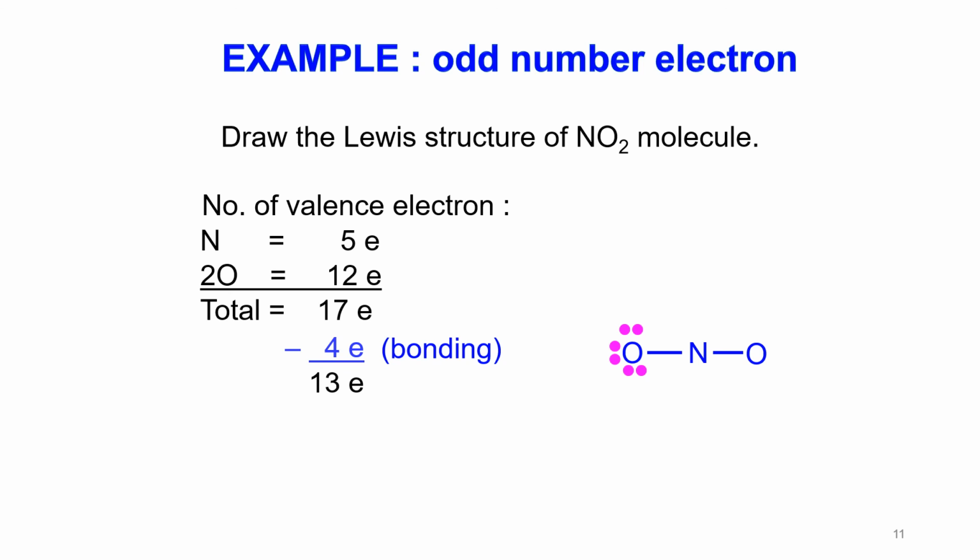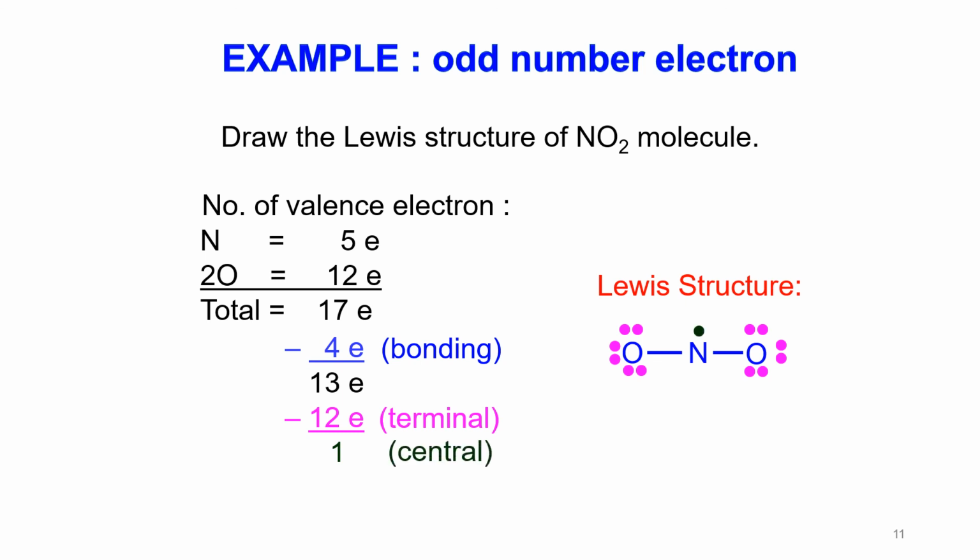Then put another 6 electrons at each oxygen to make oxygen octet. So now the balance is 1 electron. We put 1 electron at the center. Now we can see that the center has 5 electrons. This is called odd number.